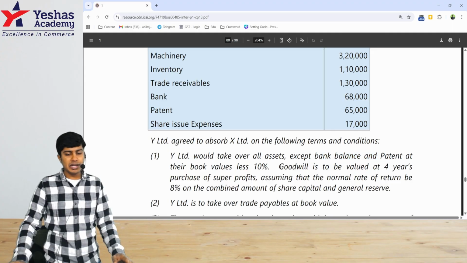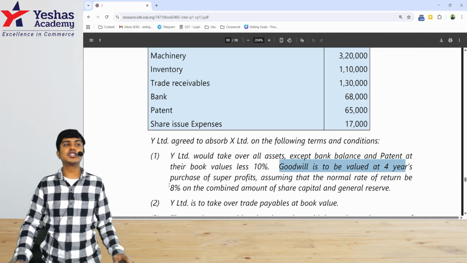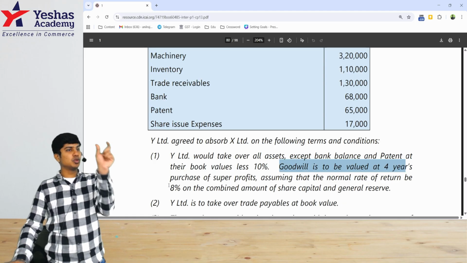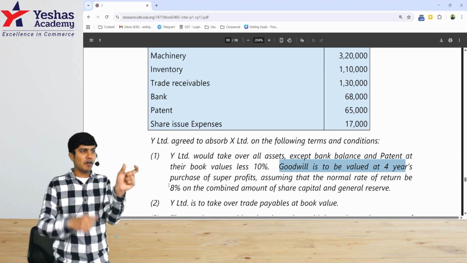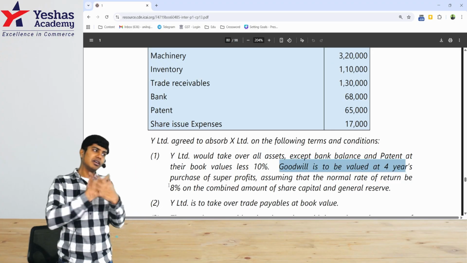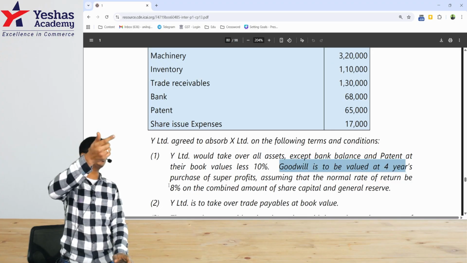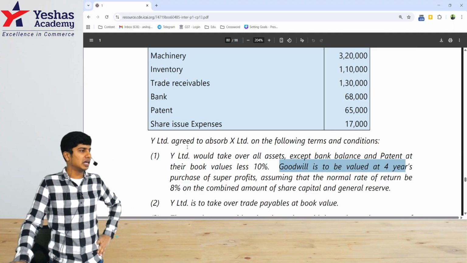And goodwill is to be valued at 4 years purchase of super profits. So we should take super profit multiplied by 4 years purchase, and we will get goodwill. So how do we get super profit? It is average profit minus normal profit. How much extra profit have we earned over others?